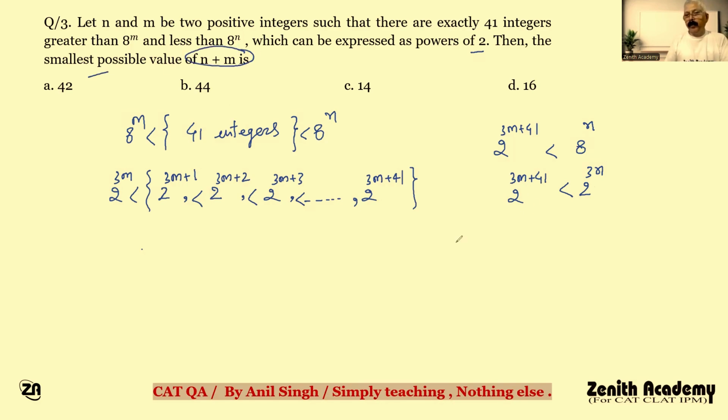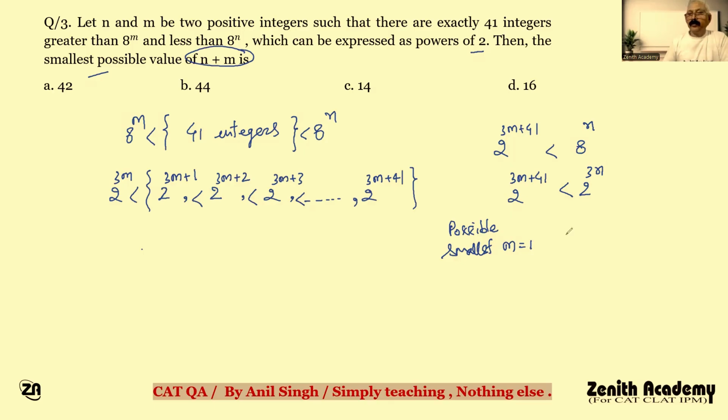So here, the smallest possible value of m will be 1.